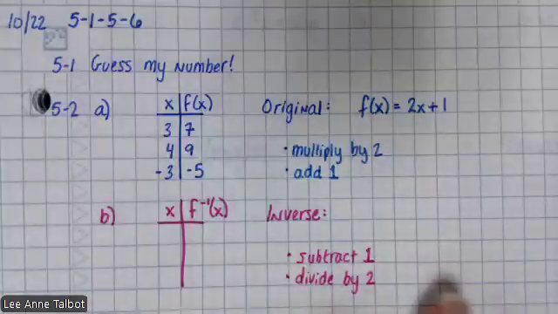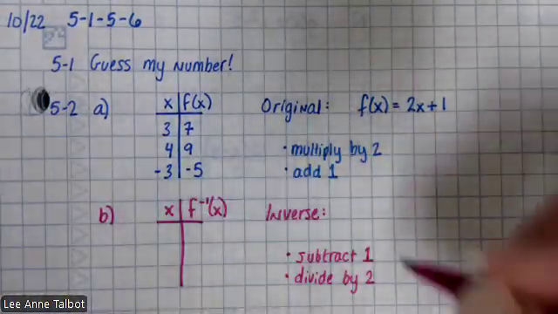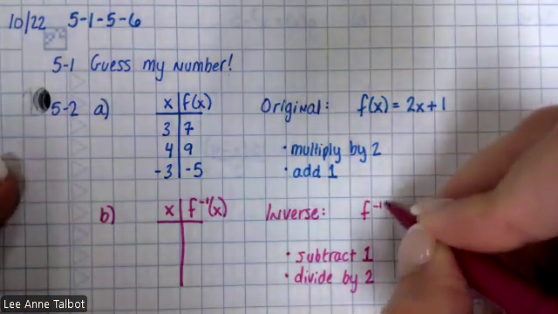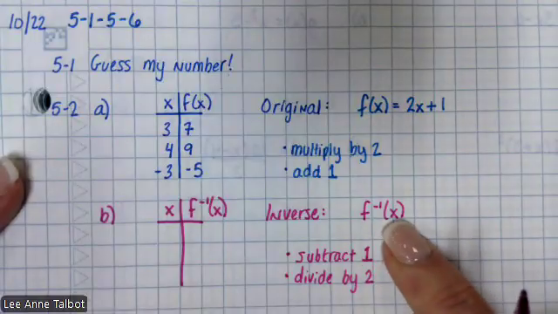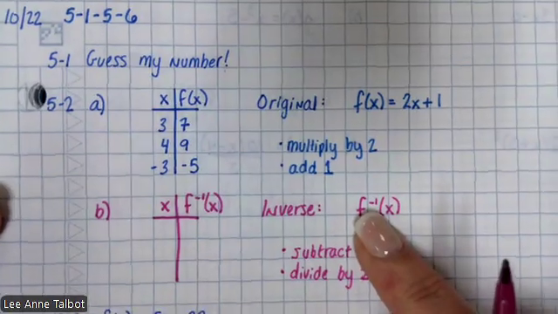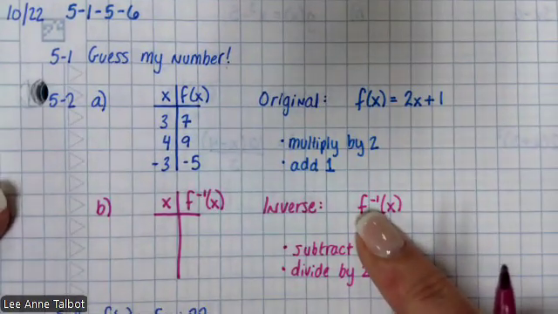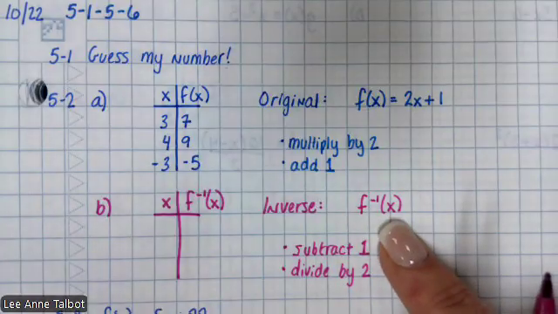Okay, now how is this going to look in a table and an equation? First thing I need you to know is that this is the symbol for f inverse of x. This is not a -1 exponent. It looks like one, but it's not. It's the symbol for inverse. So when you say this, you say f inverse of x.